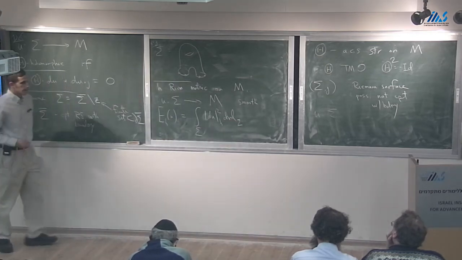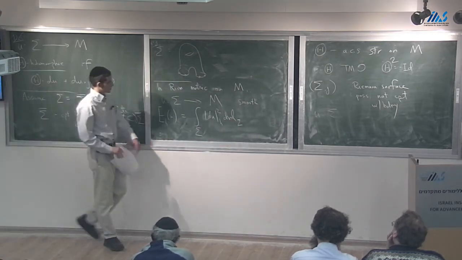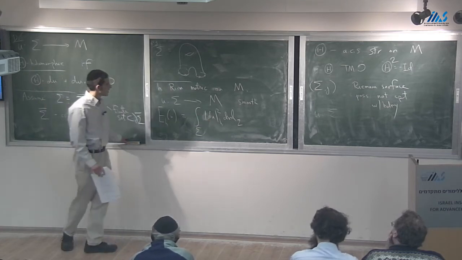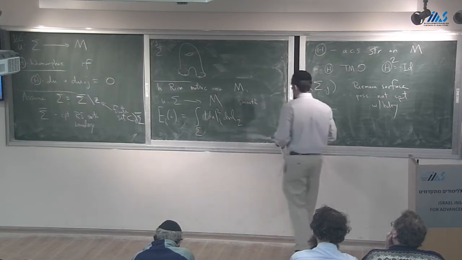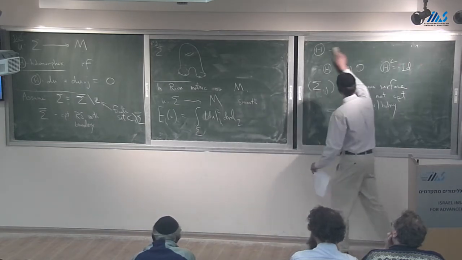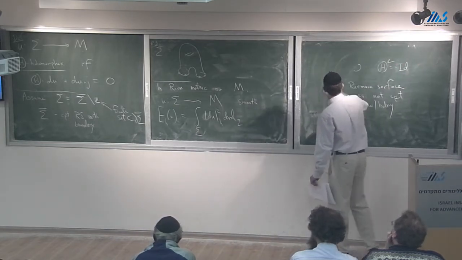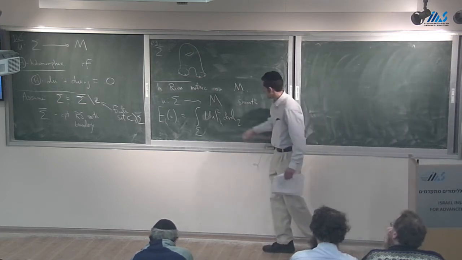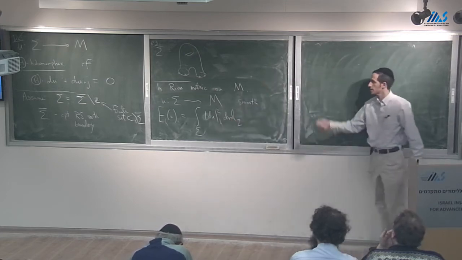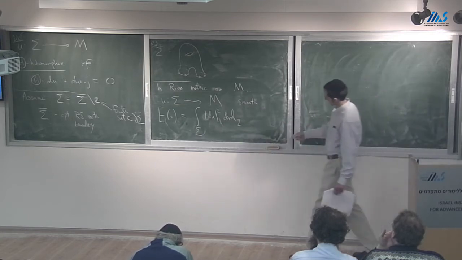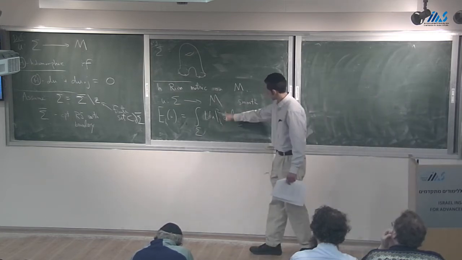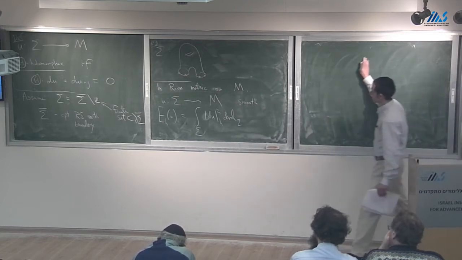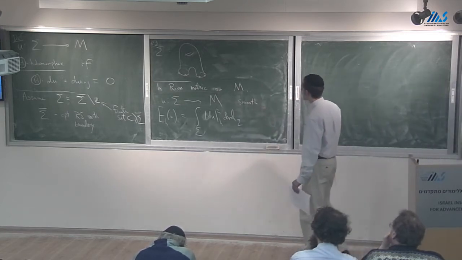Okay, and this thing a priori depends on a choice of a metric on sigma, but it doesn't really, so I'm going to just omit that. Here you're just looking at this thing as a map and measuring its size using the metric on H and using a metric on sigma, but then you also use the metric on sigma to define the volume form, and these two dependencies cancel out. So this is a well-defined thing, only depends on a metric on M.